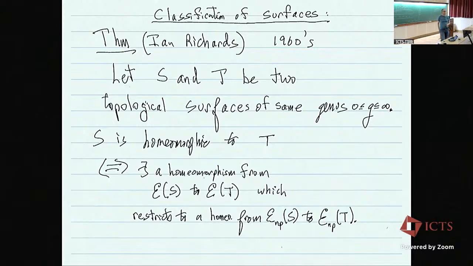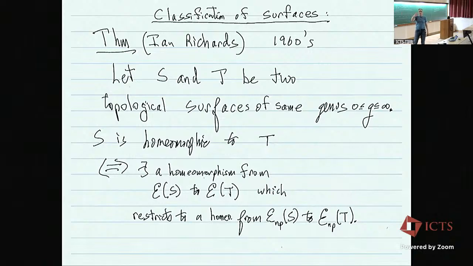I've seen this classification before. You have a homeomorphism that restricts to a homeomorphism at the level of non-planar ends. So there are homeomorphisms which do not. Is that an example? I couldn't think of one off the top of my head. Maybe I can't either, but the way to think of the space of ends is as a double space in the topology sense.